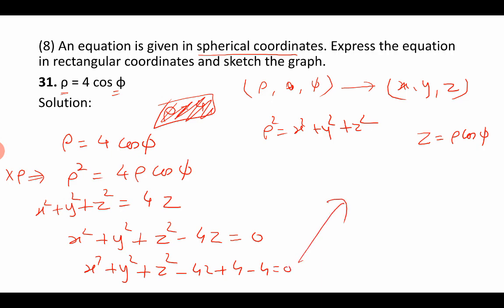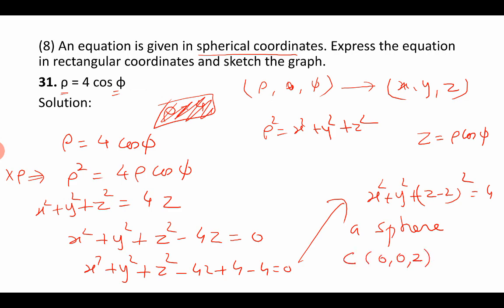So you will find x squared plus y squared plus (z minus 2) whole squared is equal to 4. A sphere in three-dimensional space whose center C is at 0, 0, 2, and radius is 2. This is a sphere in three dimensions.